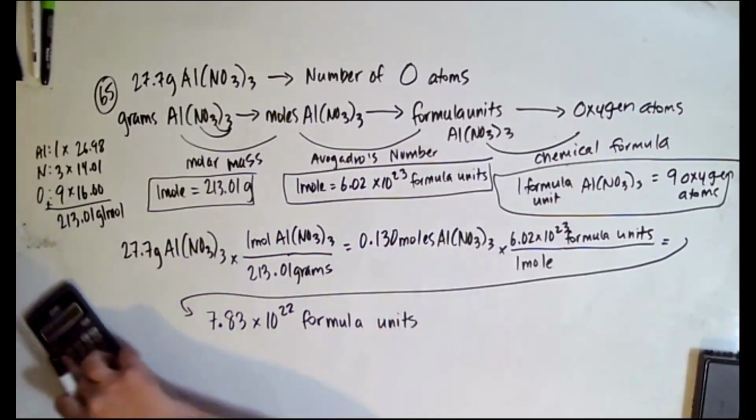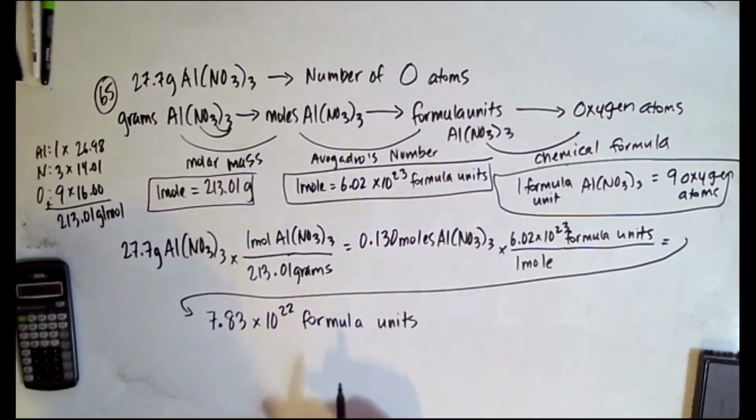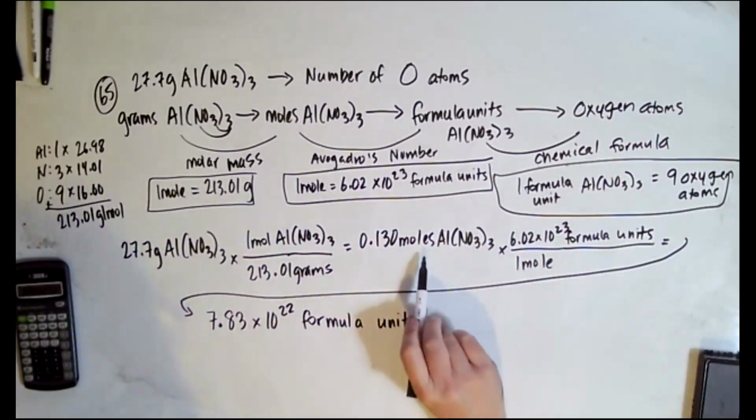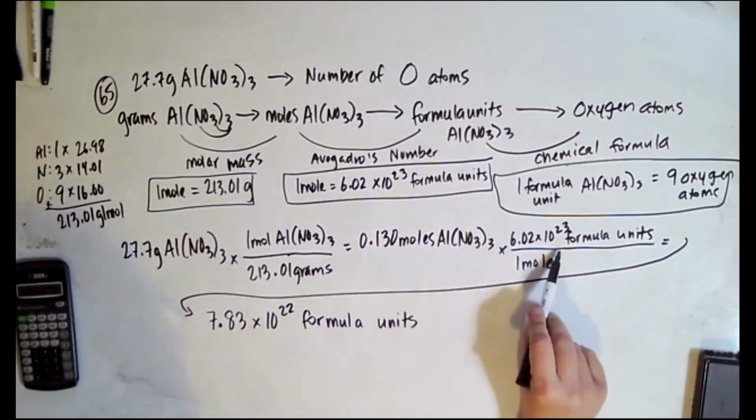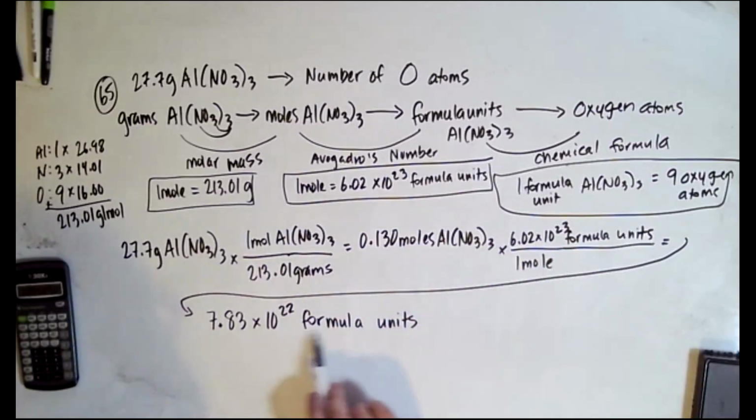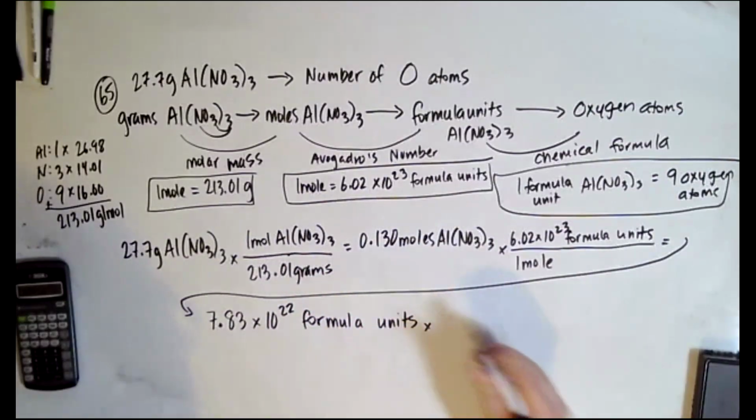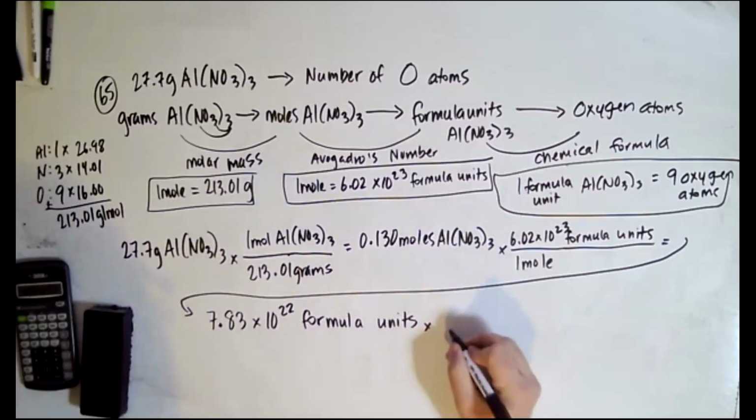And again, you've got to be real careful, because you'll notice on the answer choices for this question, well, let's finish the question and then we'll look at the answer choices they gave us. So we took our moles of aluminum nitrate, we multiplied it by Avogadro's number, and now we know how many formula units there are of aluminum nitrate, which, remember, works the same way that molecules work.